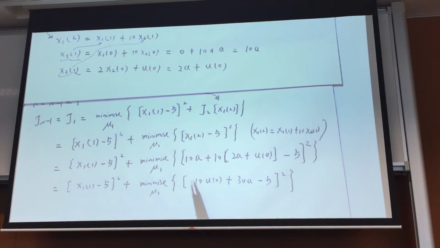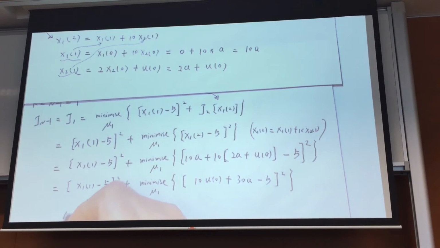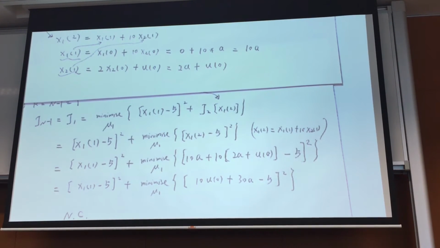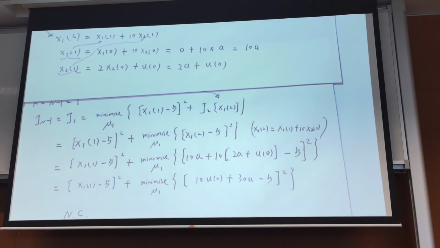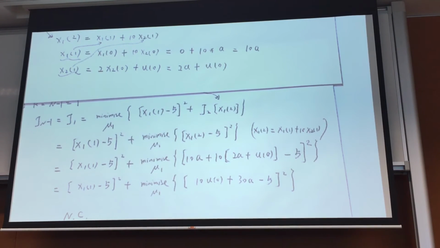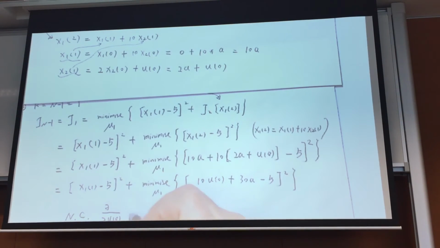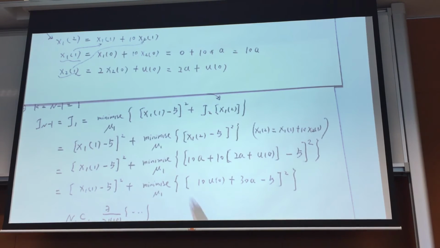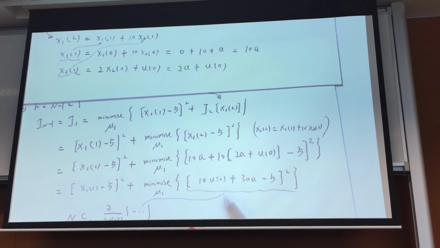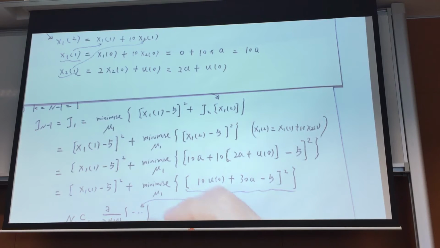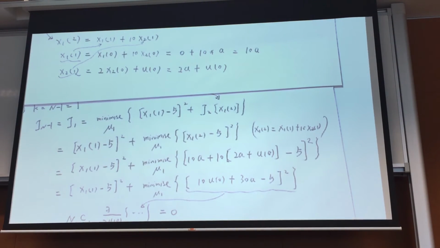So now we have a cost function and we want to minimize this cost function. So we can use the necessary condition. Our necessary condition is to compute the derivative in terms of u0, the function at here. Set this to be 0.